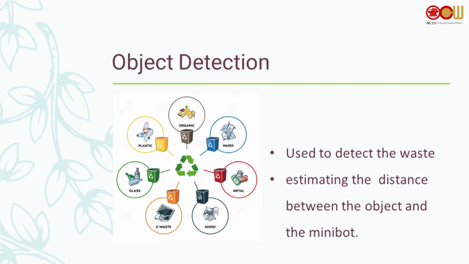The purpose of object detection is to detect the waste or trash. Then we use our camera to estimate the distance between the camera of the DuckyBot and the trash.